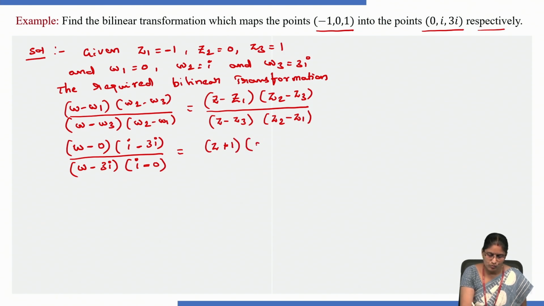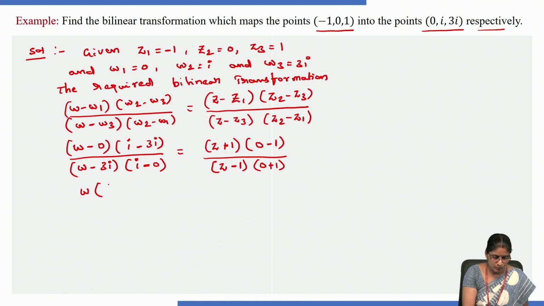Z2 0 minus z3 is 1, by z minus z3 is 1, into z2 0 minus of minus 1, because z1 is minus 1, we get plus 1.